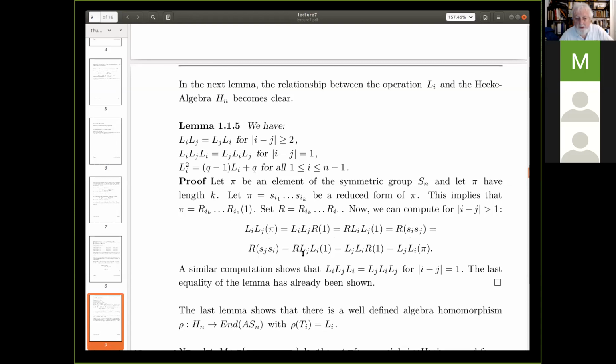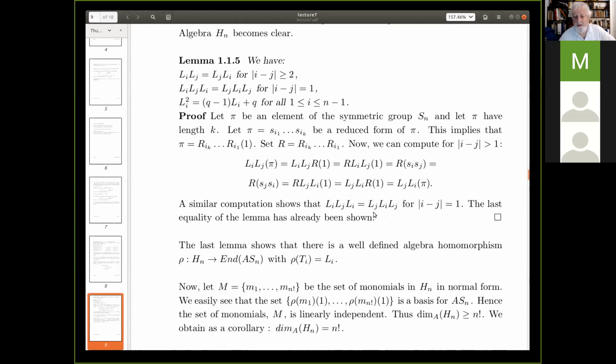And this is R of Lj Li, and then R commutes, and then we get Lj Li pi. This is because i and j are far enough apart, you see, Si Sj is the same as Sj Si. And we're using the fact that R commutes with the L's. Clever, isn't it?